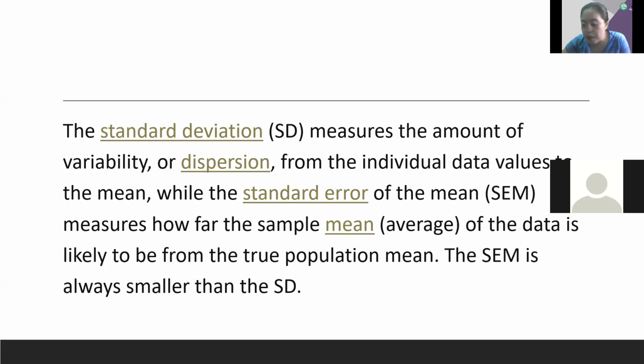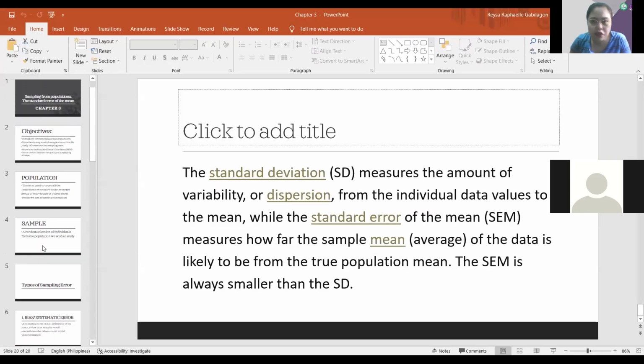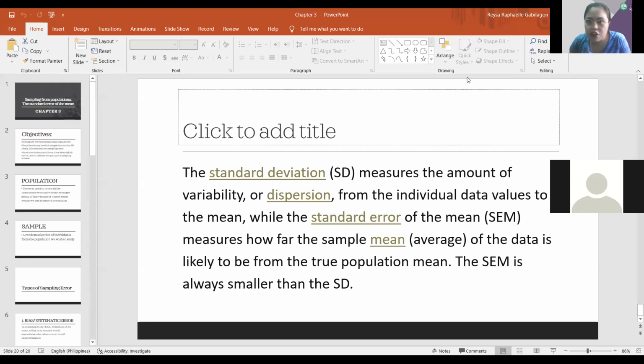I-divide mo pa siya sa sample size. So talagang liliit yung kanyang value compared to the standard deviation. However, both of them are used to know whether our data is precise or not, or even accurate for the SEM. So yun actually yung chapter 3, very short for the chapter 3.